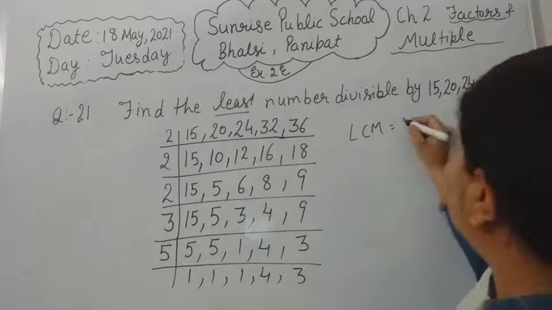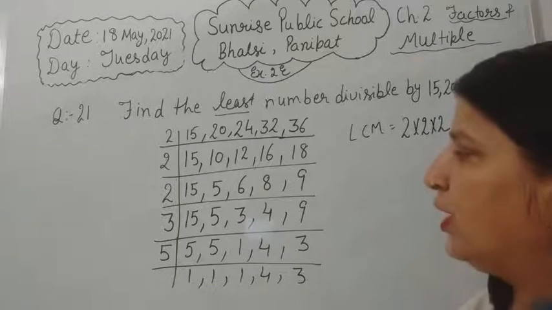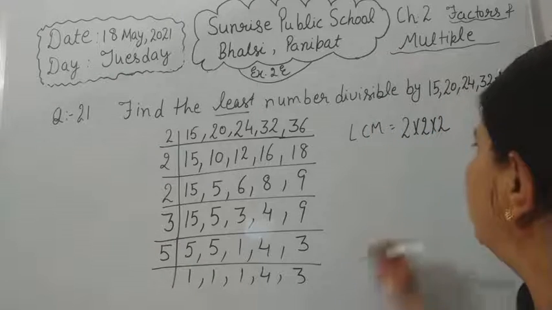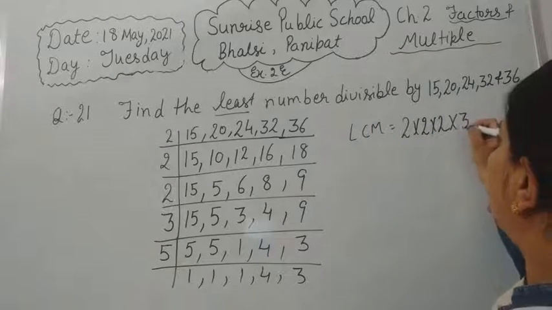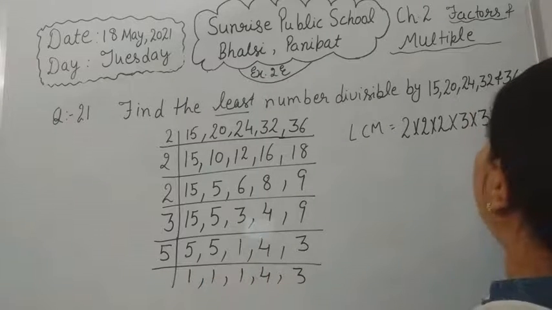So we write it here 2 multiplied by 2 multiplied by 2. Now 3 comes 2 times, 1 time is here and 1 time is here. So we write 3 multiplied by 3. And your 5 comes only 1 time.